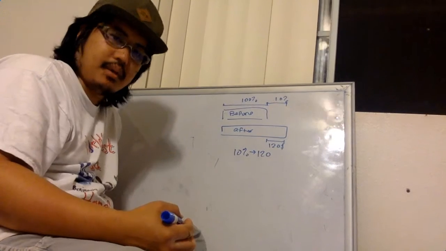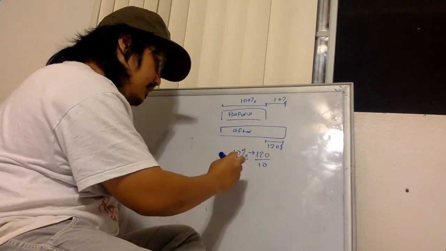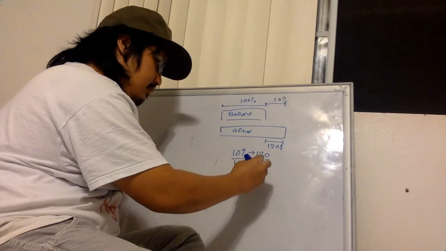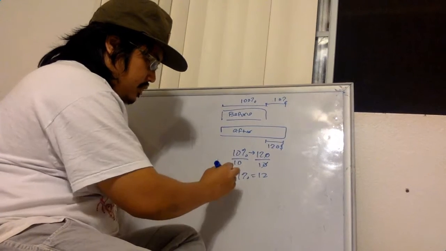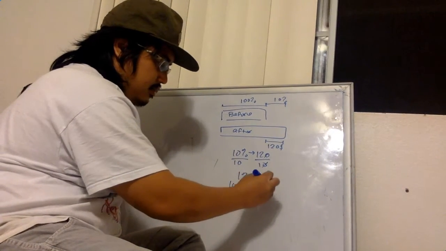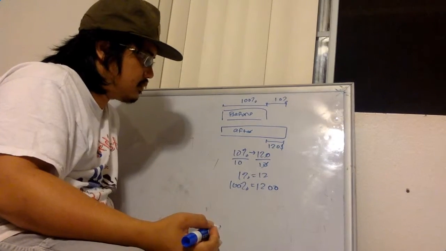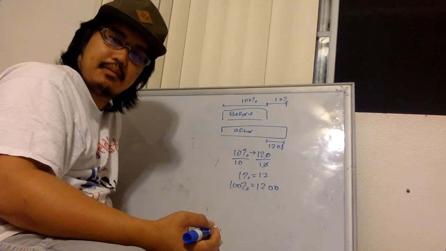Now I just go through my simple math. Divide that by 10, divide that by 10. 1% is equal to 12. So 100% is equal to 1200. Okay. Yeah, that makes perfect sense.